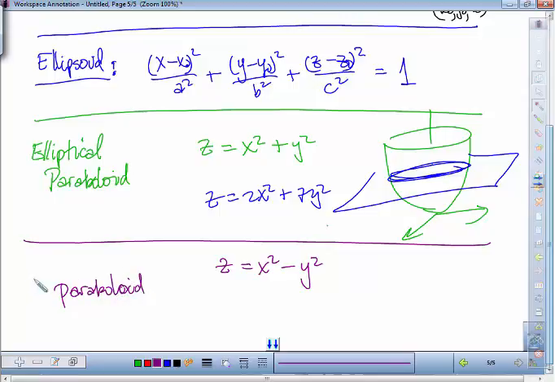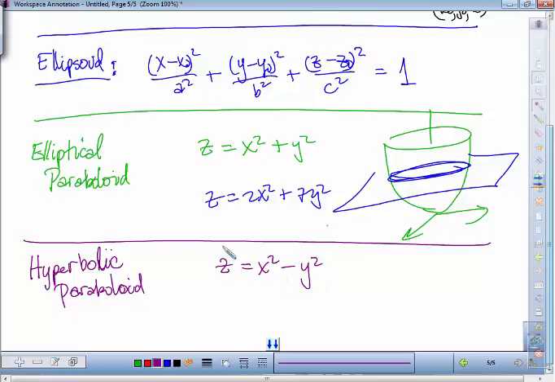But the descriptor now is not elliptical. It'll end up looking like a hyperbolic paraboloid.